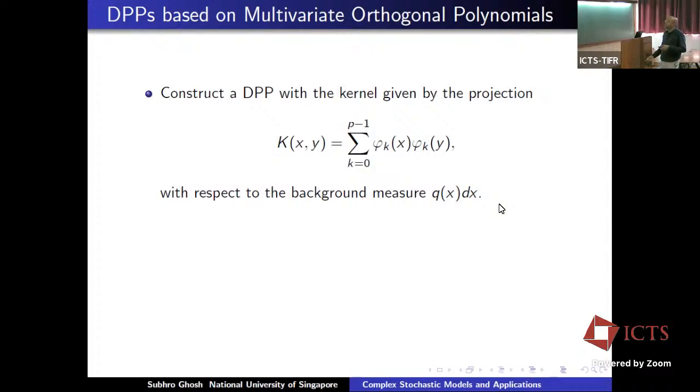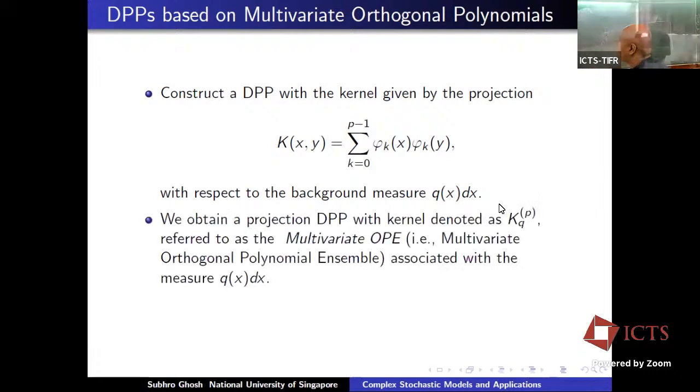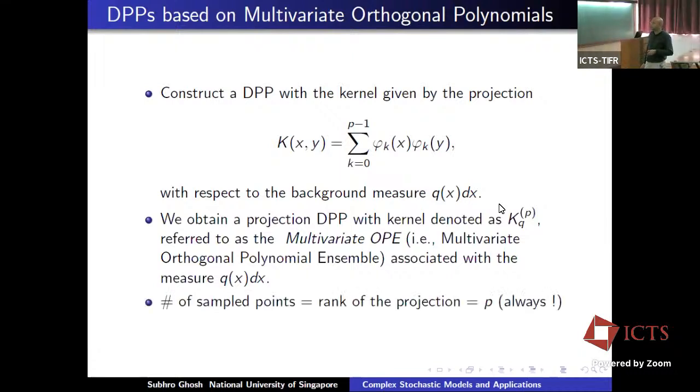More importantly, if you sample from this kind of a DPP, you are just going to get some generic points in the continuum space, -1, 1 to the D, whereas your mini batch has to be a subset of your given discrete data points. But one good part is that because it is a projection kernel, the number of sample points is always equal to P, which is the rank of this projection.